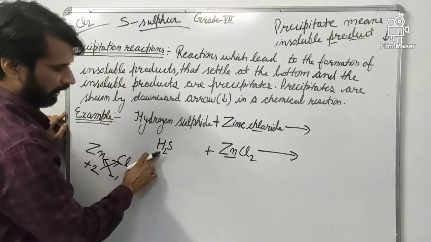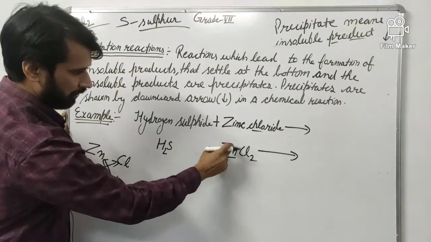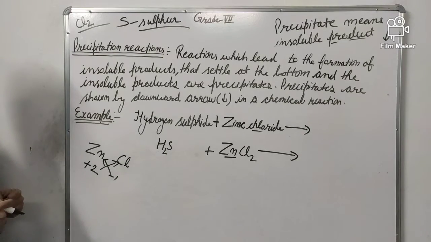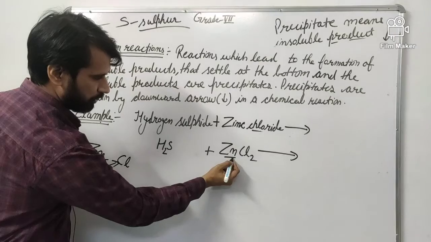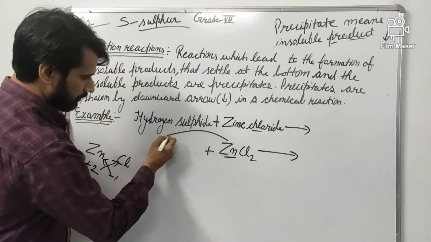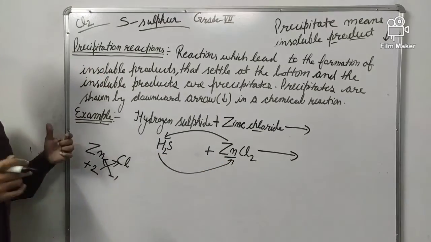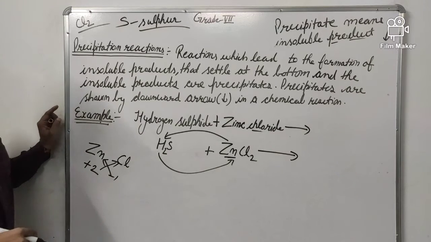So zinc attacks hydrogen. Ultimately H will go in place of zinc. So displacement also occurs there. What type of displacement? Because there occurs an exchange of two positions. Zn goes here and H goes in place of Zn. So two displacements occur. So this is also called a double displacement reaction.